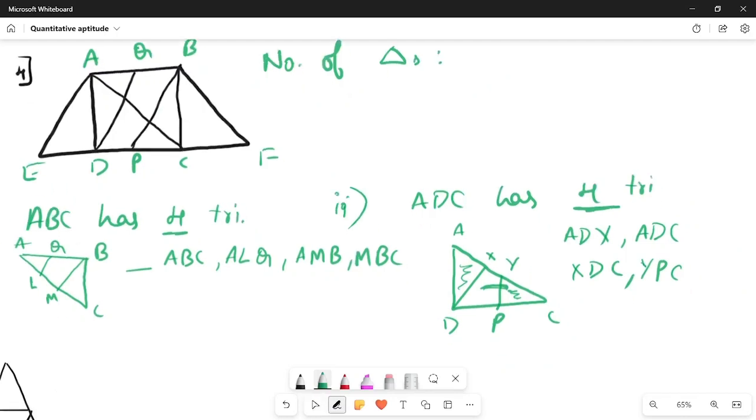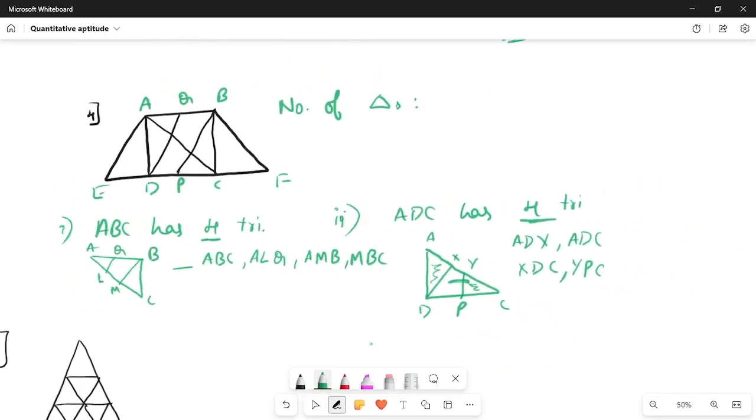Now, I just have to count the number of triangles in the entire ABCD rectangle.